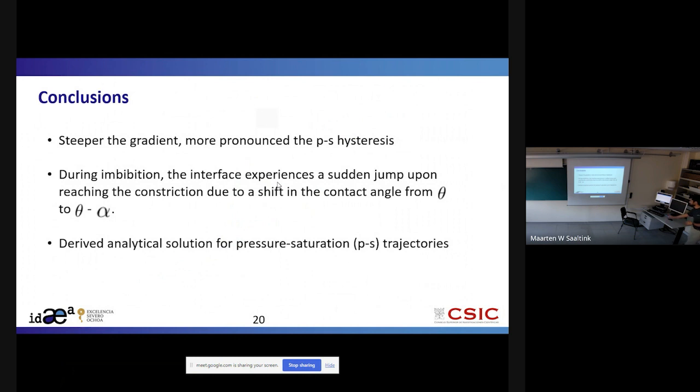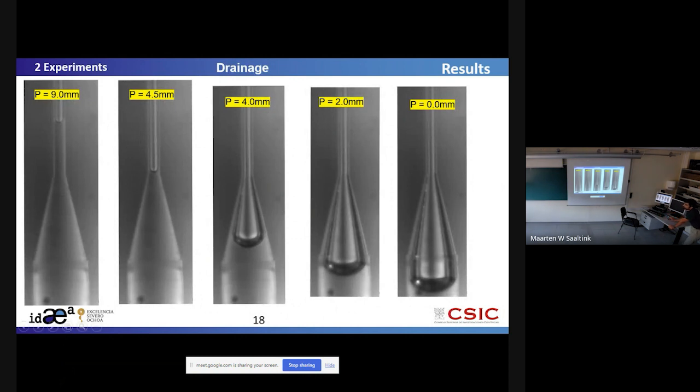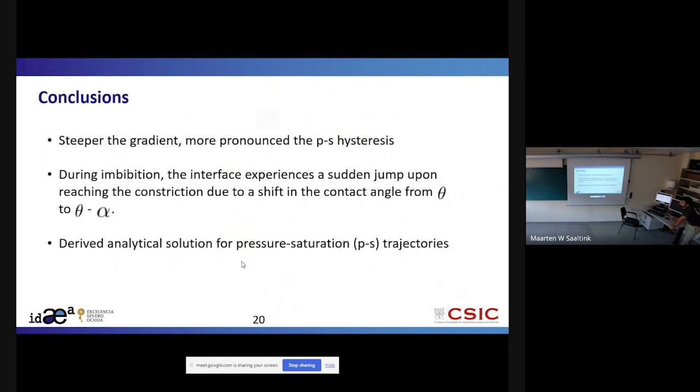So as soon as it reaches this part, if my interface is here, a slight disturbance in external pressure will induce the interface to change its contact angle from theta to theta minus alpha, because as soon as the interface touches this region, the contact angle changes, and this change in contact angle causes an infinitesimal difference in pressure at the inlet, which causes the fluid to rise at the entrance of the constriction.